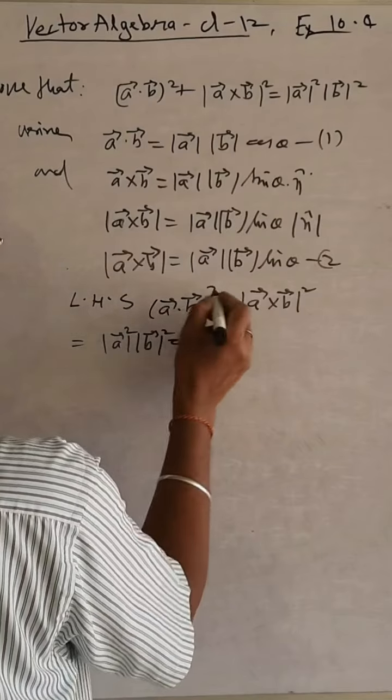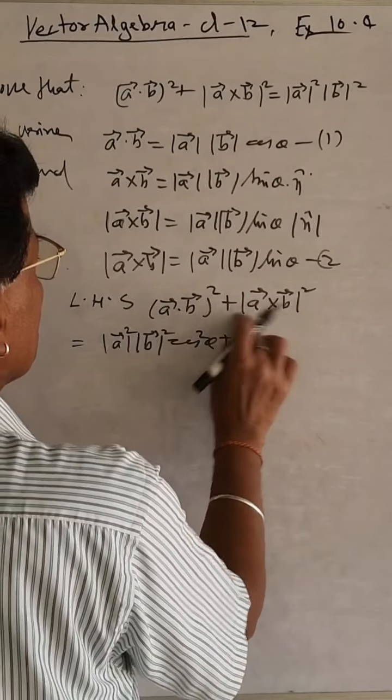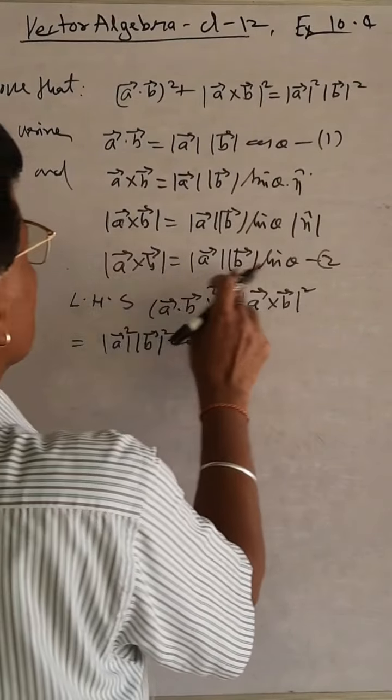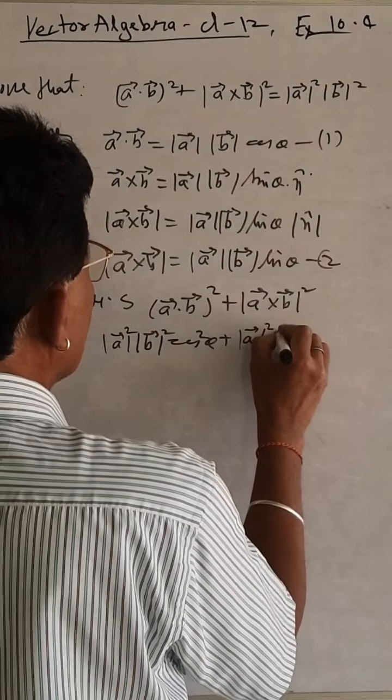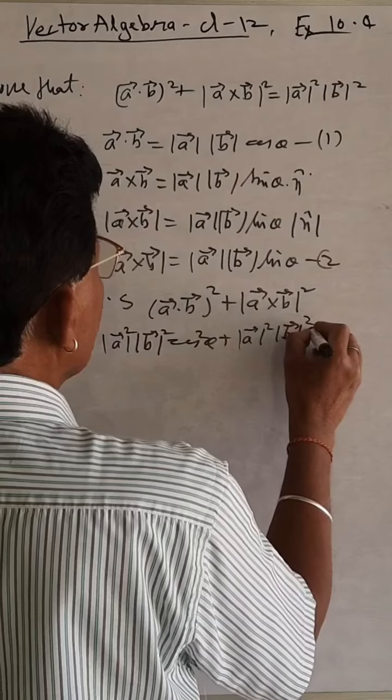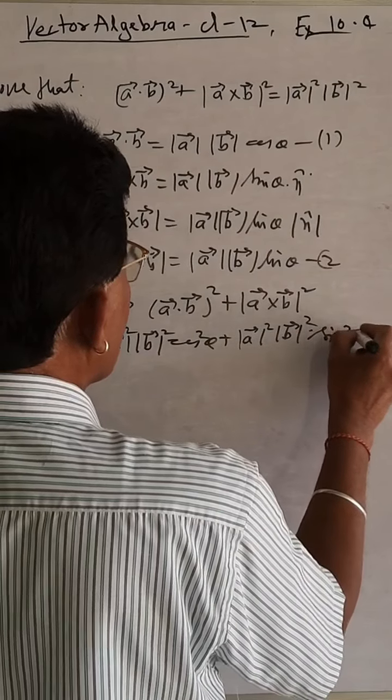It's squared also because the square is there, and plus substitute the value of magnitude A cross B, and its square is also there: magnitude of A square and magnitude of B square and sin square theta.